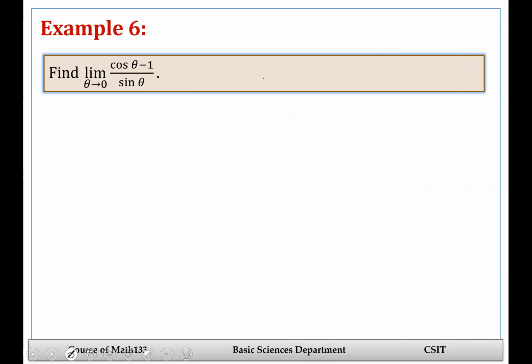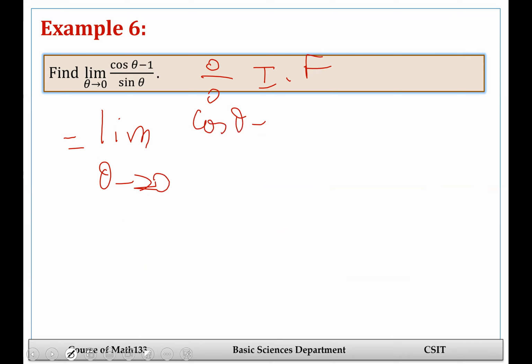Limit of cosine theta minus 1 over sine theta. Again, when we substitute, it will be 0 over 0, an indeterminate form, but we use the two rules, 4 and 5. So it is equal to the limit as theta approaches 0 of cosine theta minus 1 over theta, and I multiply by theta, divide by sine.